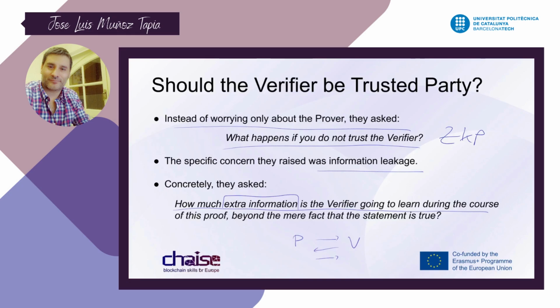As a verifier, this is okay. But I don't want you to learn anything else. And this is why the definition, zero knowledge. Beyond this proof, I don't want you to learn anything. The prover doesn't want the verifier to learn anything beyond the fact that the statement being proven is true. And this is why this concept of zero knowledge appears.